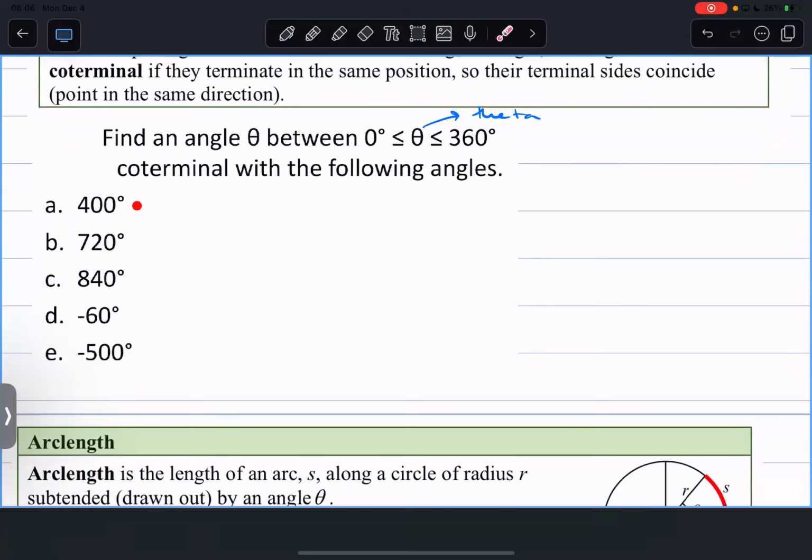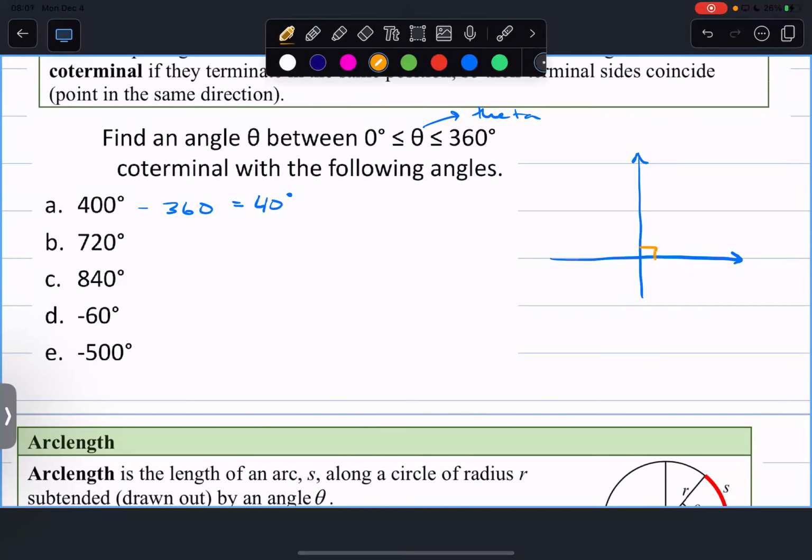I usually just work by subtracting 360 degrees. Take away as many loops as you need to. So 400 minus 360 is what, 40 degrees? There are some kind of key points between an angle. So this is a right angle, so that's 90 degrees. This halfway mark is 180 degrees.